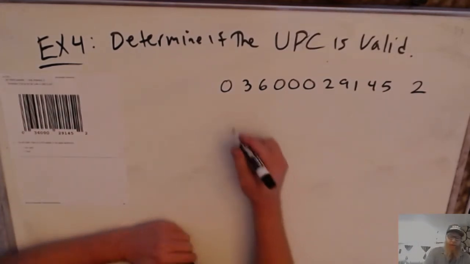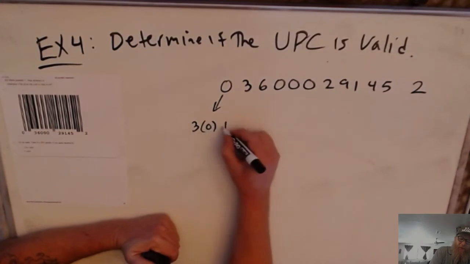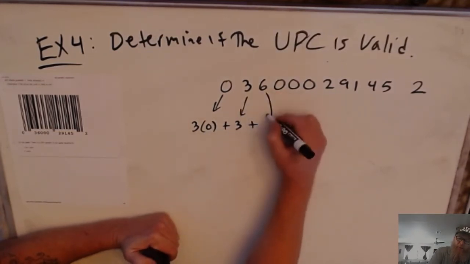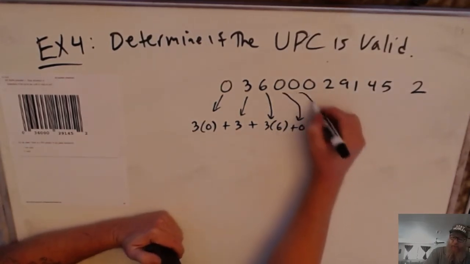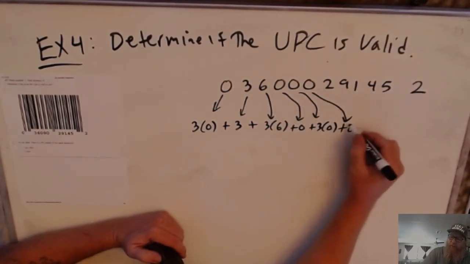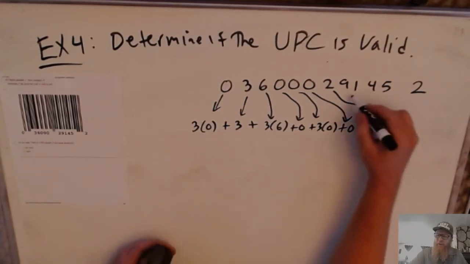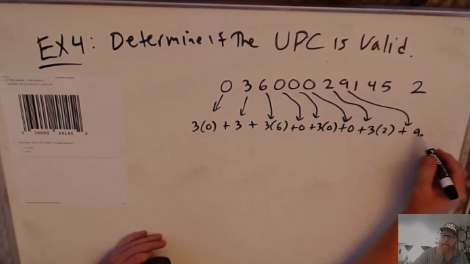Okay, so let's see. We got 3 times 0 plus 3, plus 3 times 6 plus 0 plus 3 times 0 plus 0 plus 3 times 2 plus 9.